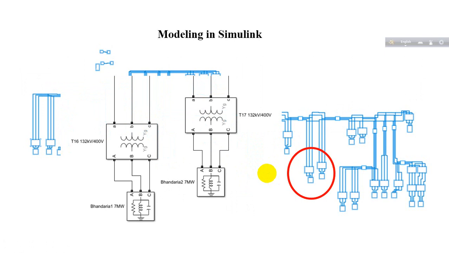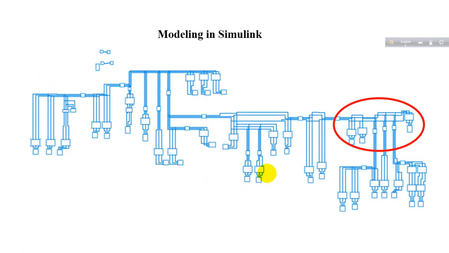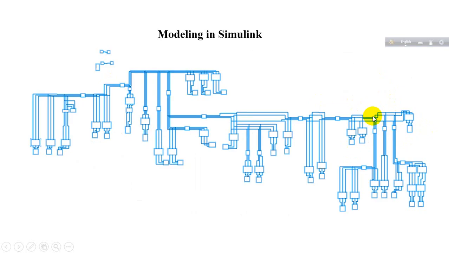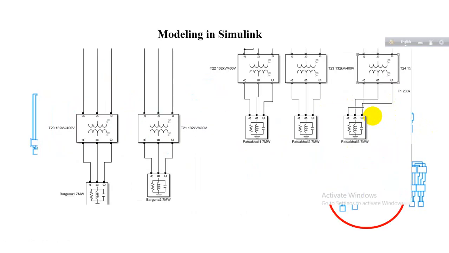Next, here is Bhandaria, which is near Barisal district. This is the Barisal area, Barisal city, and a power plant named Summit coming from that area. After that, we can see Borguna, Potuakhali.